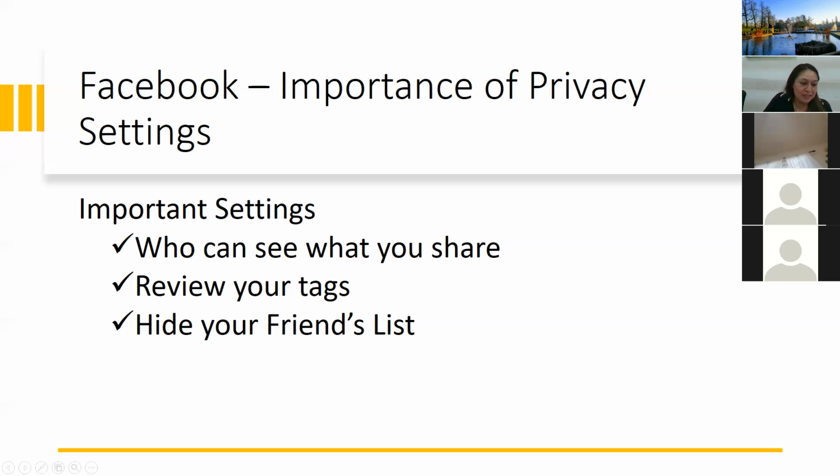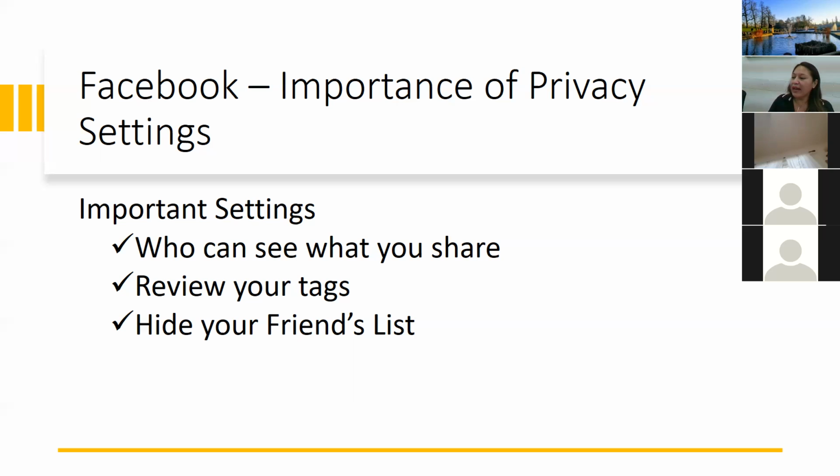So these settings are specifically, as I listed here, who can see what you share, right? We have the ability to determine who all can see what we share on Facebook. We can also review who tagged us on Facebook, and we can also hide our friends list.